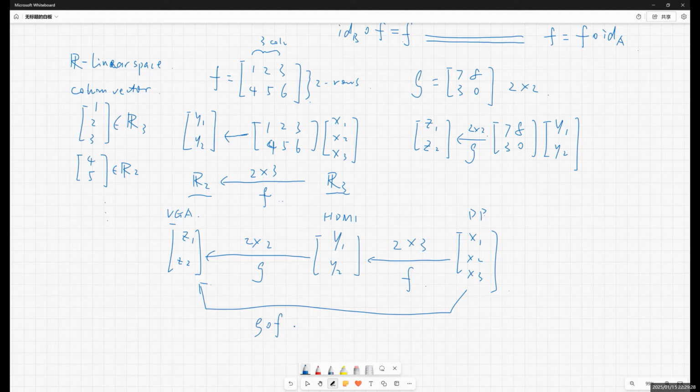So what is the dimension of GF? It requires a 2-dimensional output and 3-dimensional input, so it should be 3 by 3. So what is exactly GF? It's essentially the matrix multiplication. 1, 2, 3, 4, 5, 6.